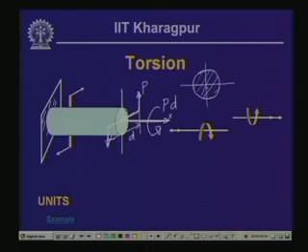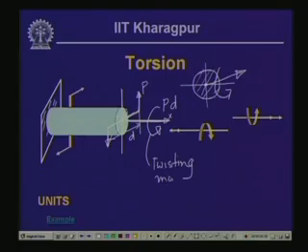The moment which is acting over here is about the axis which is perpendicular to the plane of this board. So, if this is the axis, the moment is acting about this particular axis, and this is what is called twisting moment or torsion.